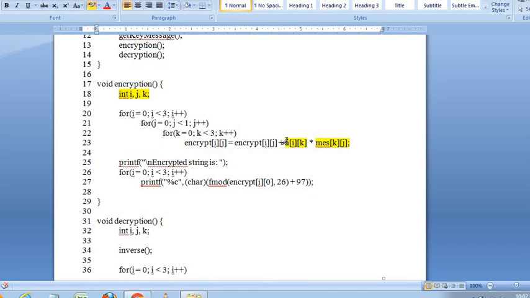The terms 1 cross 1, 1 cross 2, 1 cross 3, 2 cross 1, 2 cross 2, 2 cross 3, 3 cross 1, 3 cross 2, 3 cross 3 of the matrix are multiplied with the message matrix. After that, the encrypted string will be displayed here.